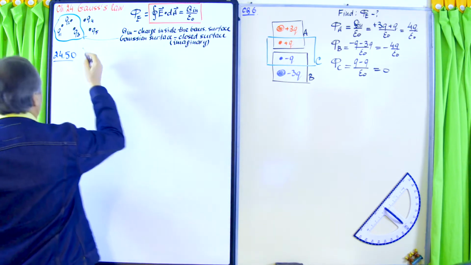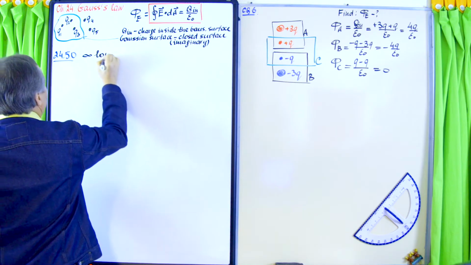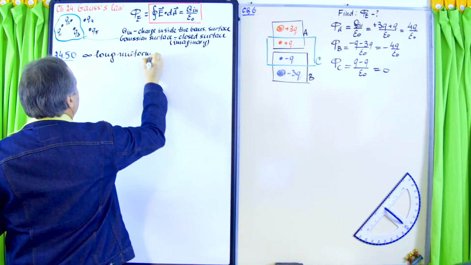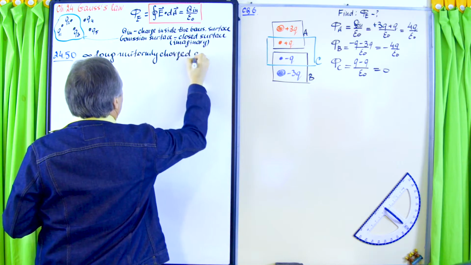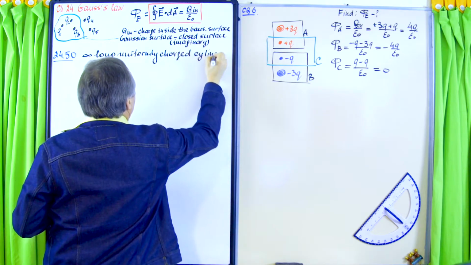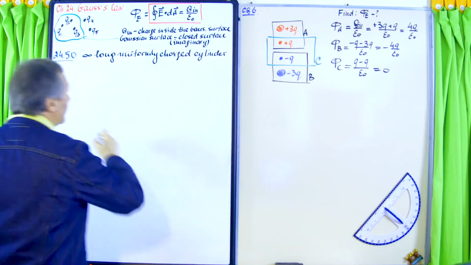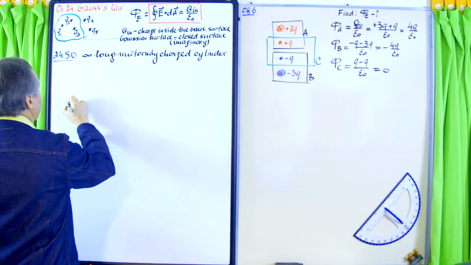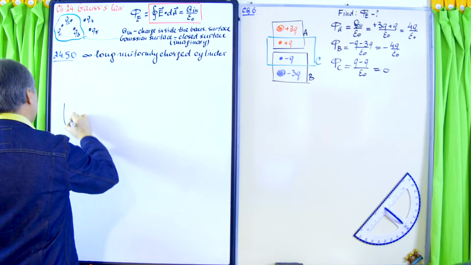Maybe I will write: infinitely long, uniformly charged cylinder. Let me estimate the amount of space I might need. I will start at this level.